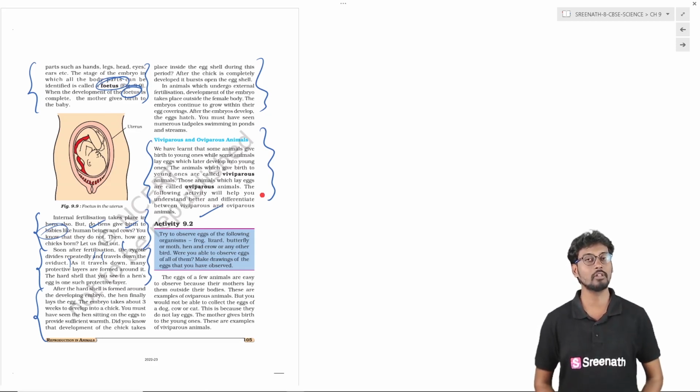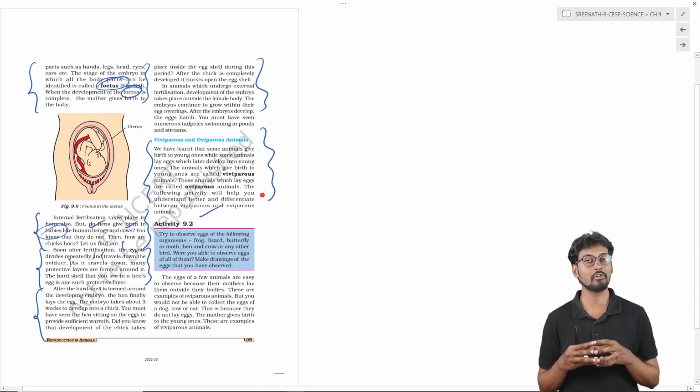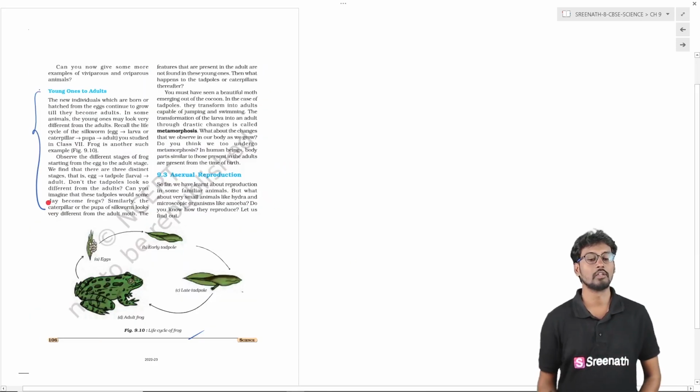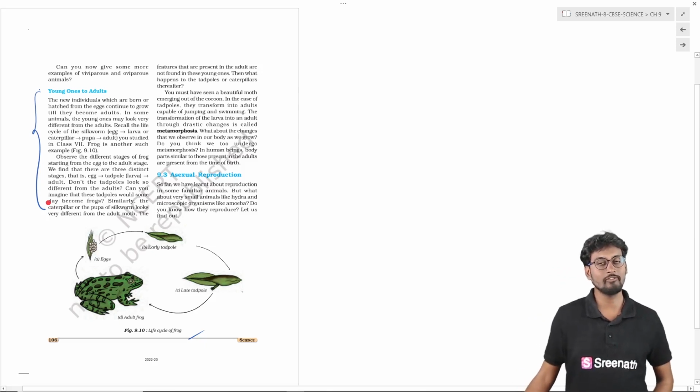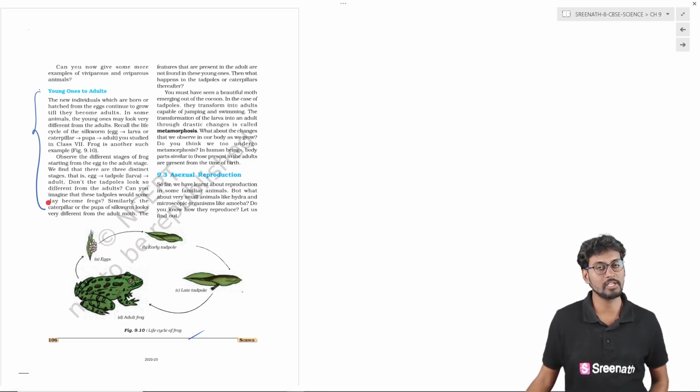Whereas viviparous is the most common type in all the mammals and the higher advanced organisms, where the babies or young ones are directly delivered by the mother. That is called viviparous. In case of amphibians, especially the frogs, as we discussed, fertilization is external, that is the eggs and sperm are released into the medium where fertilization takes place. So the young ones develop outside the body.